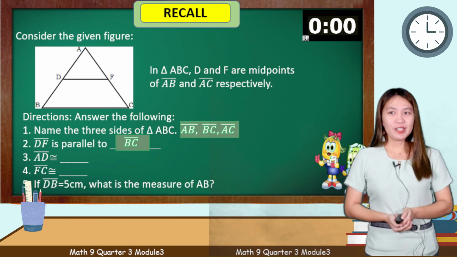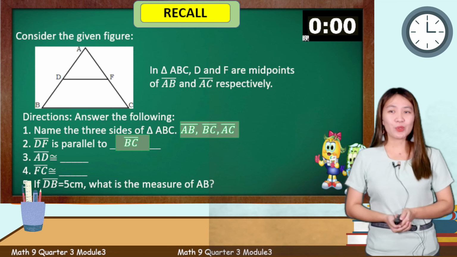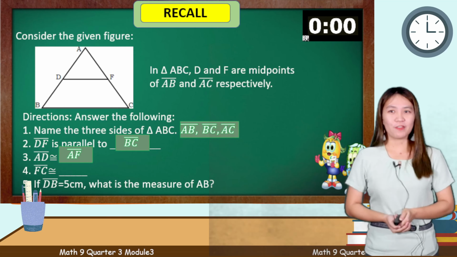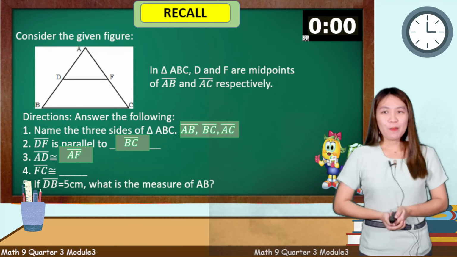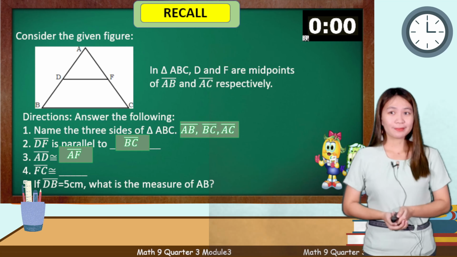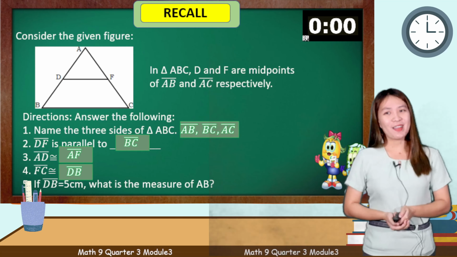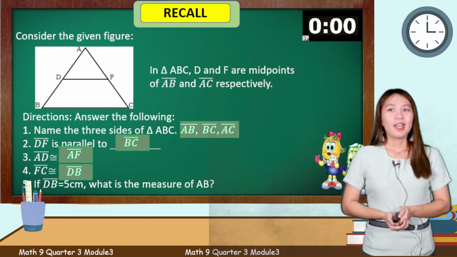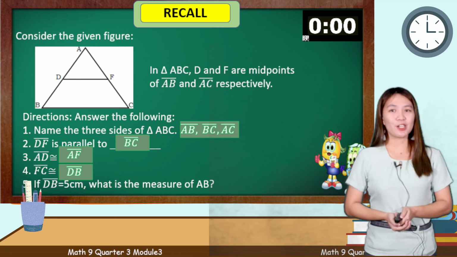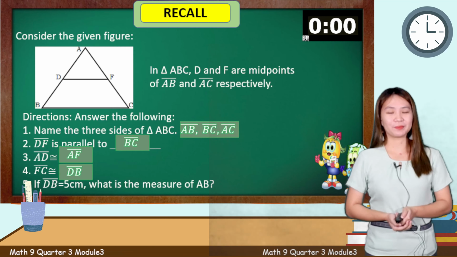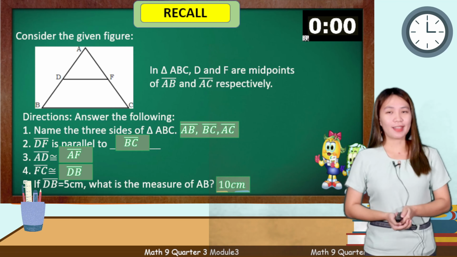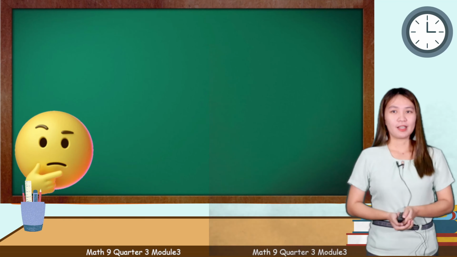And then for number 3, segment AD is congruent to segment AF. Very good. So for number 4, segment FC is congruent to segment DB. And lastly, if segment DB measures 5 centimeters, what is the measure of segment AB? The measure of segment AB is 10 centimeters.